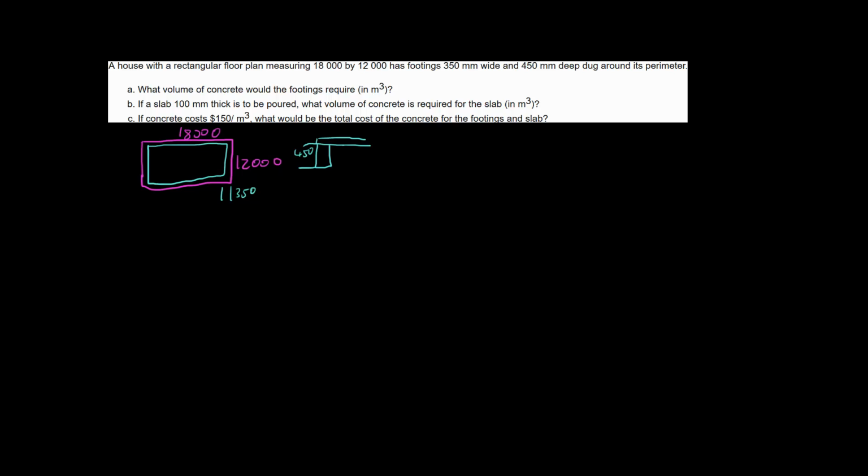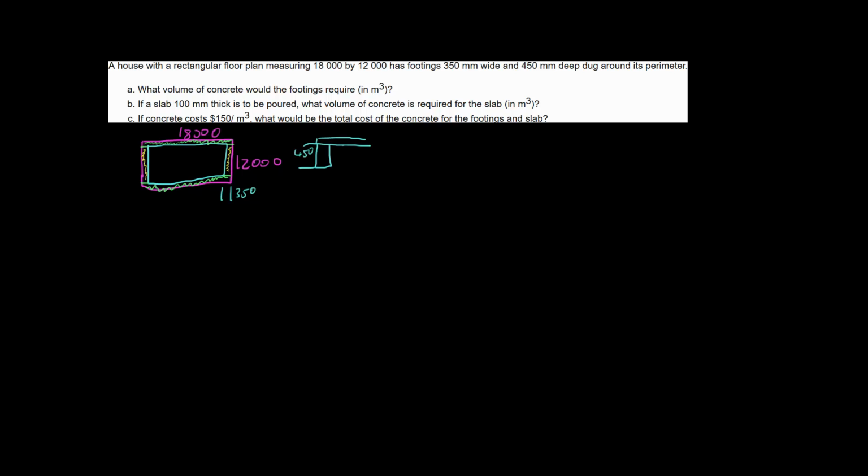So the way I'm going to work this out is I'm going to split this top view into a couple of different rectangles. So we're going to have this rectangle across the top, which is exactly the same as this rectangle down the bottom, and we're going to have this rectangle down the side, which is exactly the same as this rectangle down this side.